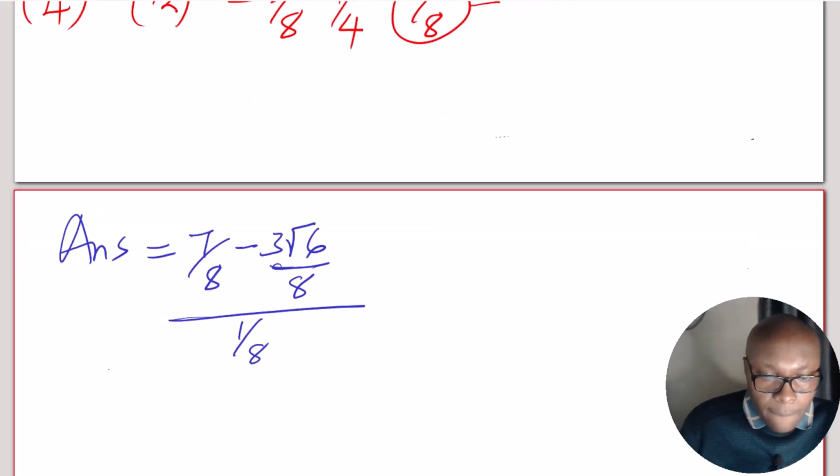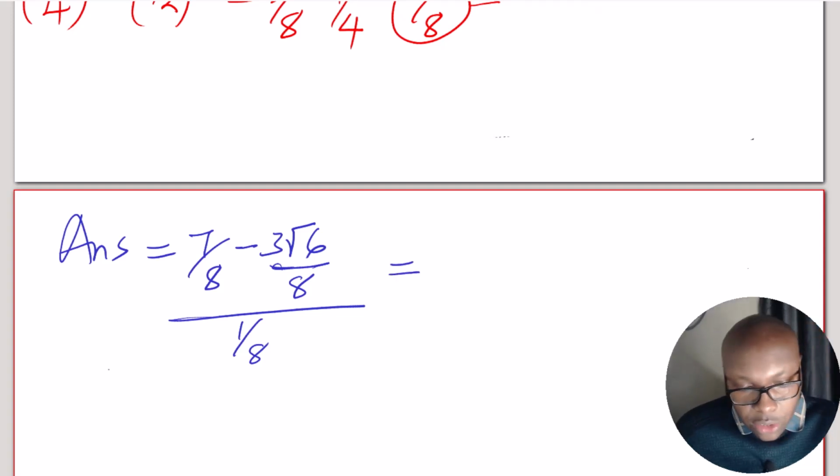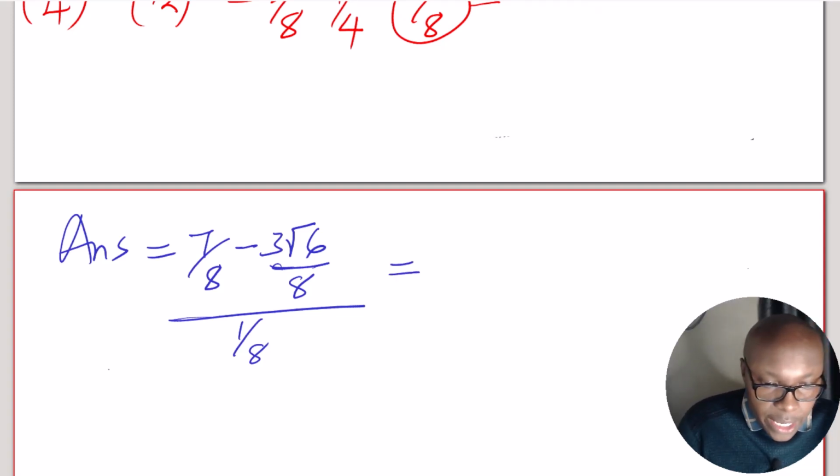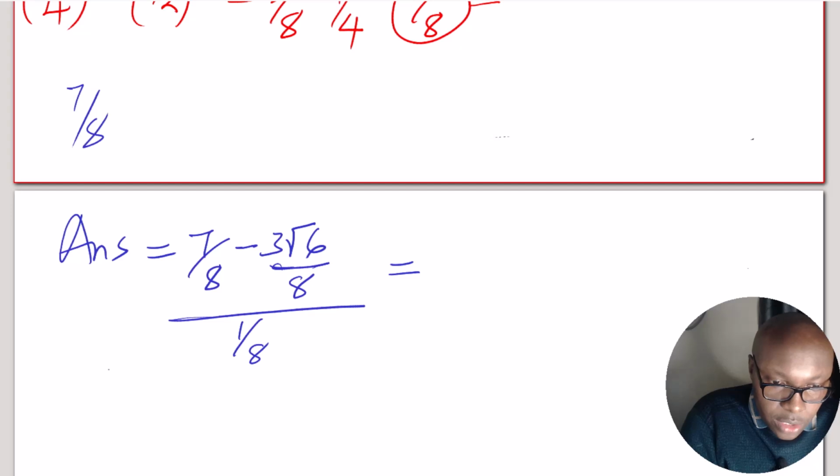This one is quite easy, because you just take each of these terms. 7 divided by 8, divided by 1/8, that will be 8/1, that will give 7.